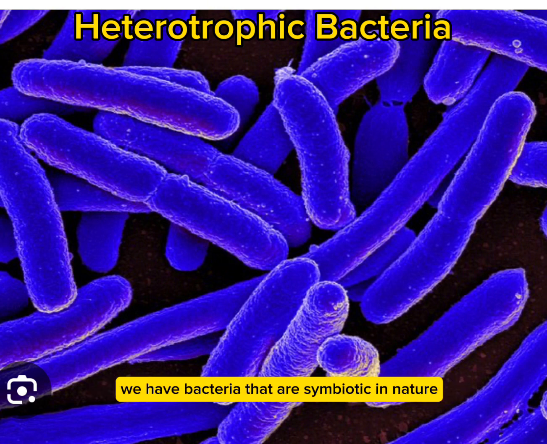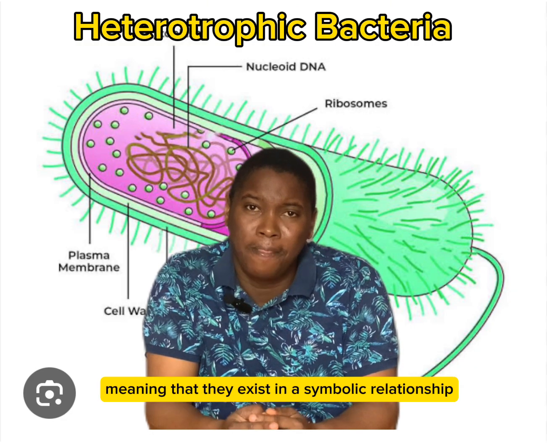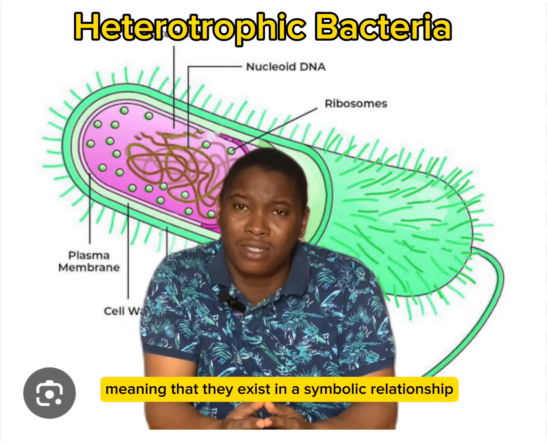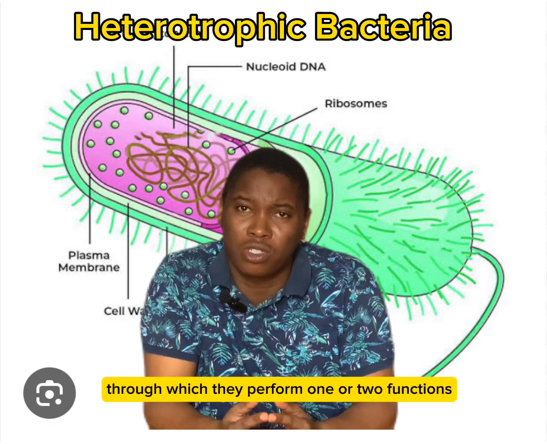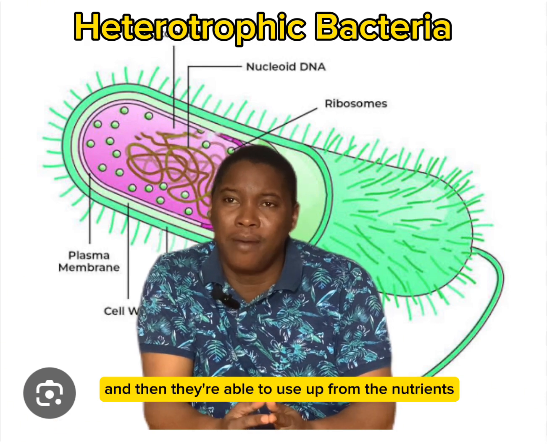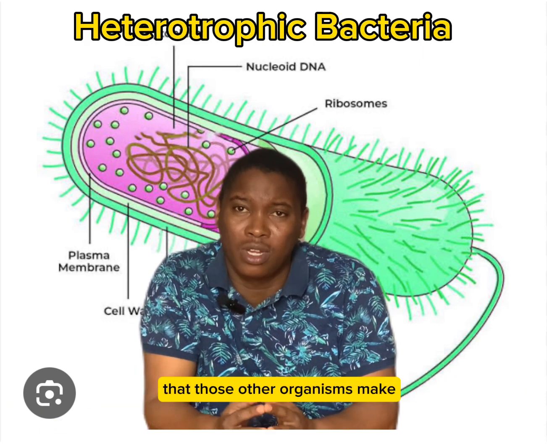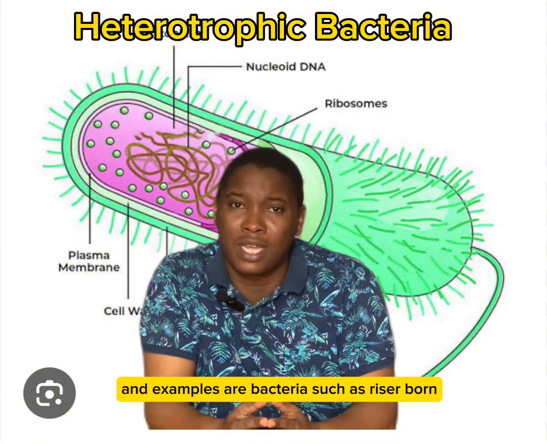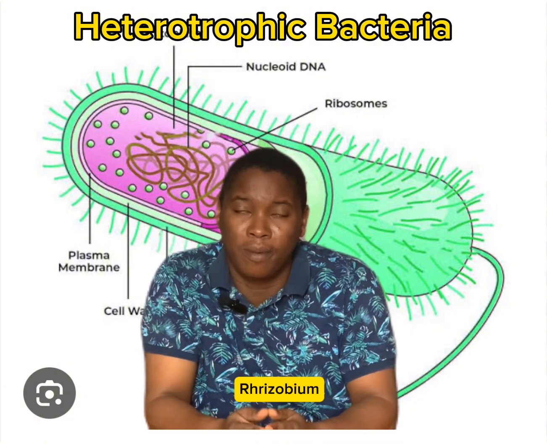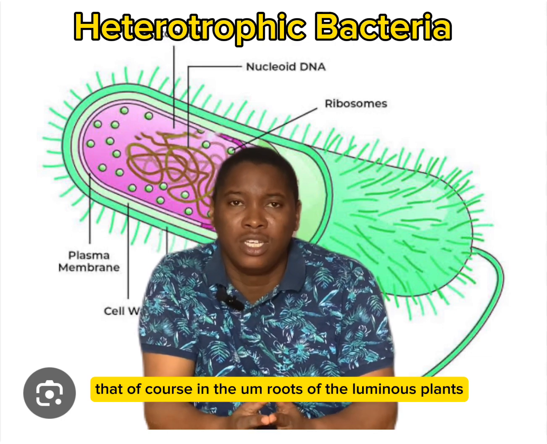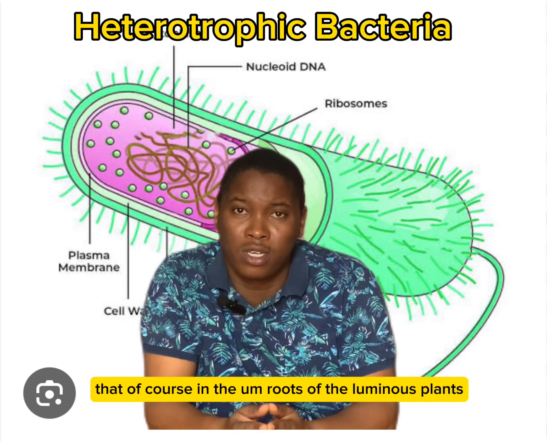Secondly, we have bacteria that are symbiotic in nature, meaning that they exist in a symbiotic relationship with other organisms, through which they perform one or two functions for those other organisms, and then they are able to use up from the nutrients that those other organisms make. And examples are bacteria such as Rhizobium that occurs in the roots of leguminous plants.